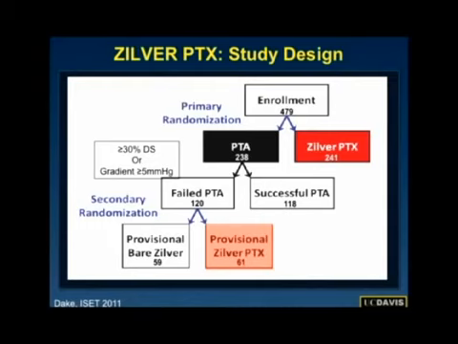The first bifurcation point would be, is a drug-eluting stent better than PTA? Well, I think we already know that a bare metal stent is better than PTA, so this is a win-win bifurcation here.